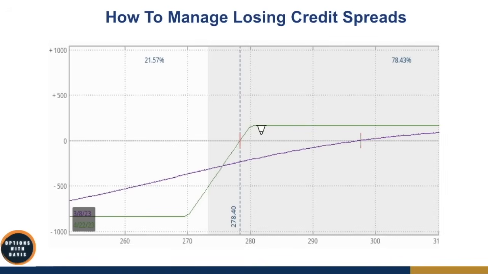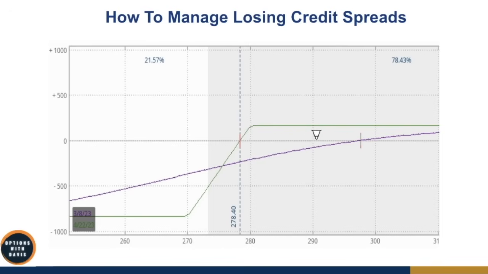This green line is your P&L at expiration. Between now and expiration, every single day there will be what is called theta decay, right? This is time decay, whereby the option prices slowly decay over time, and as long as it stays above your break-even, you're going to make this full profit.